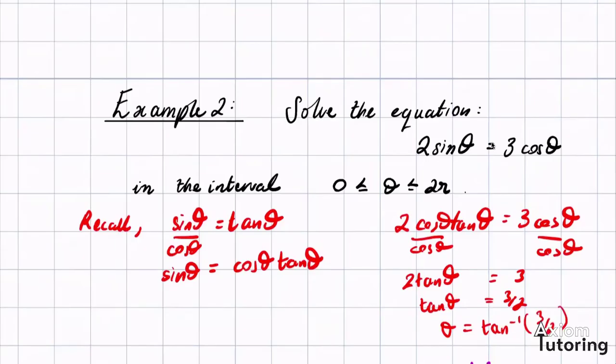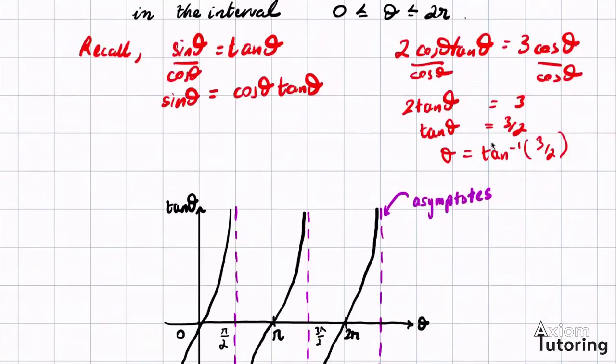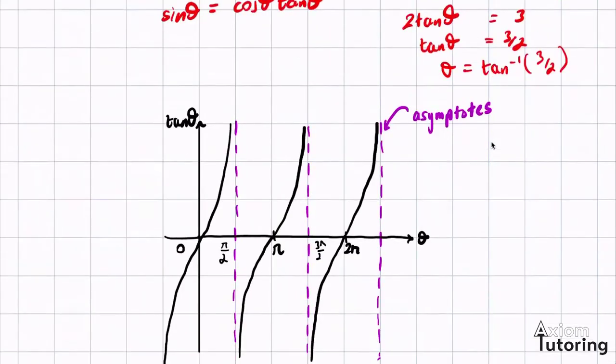So if we then have a look at the graph, which I've sketched here, we want the inverse of tan of 3 over 2, so 3 over 2 might be somewhere there. And we want all the solutions within 0 to 2 pi. So our first one is going to be here, tan to the minus 1 of 3 over 2.